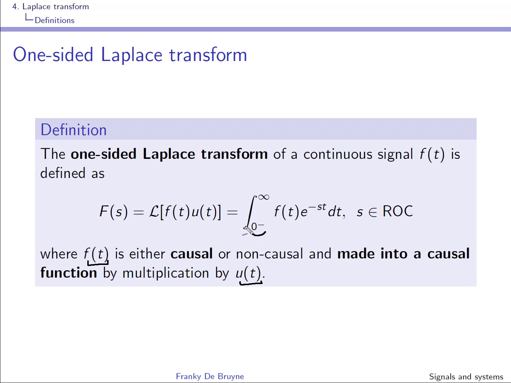We'll see in the next slide that this means that you have to be a little bit on the left of 0. Okay, and this is for one particular function, and to compute its Laplace transform, it's the delta, the Dirac delta. So we obtain the one-sided Laplace transform by simply integrating from 0 to infinity, and when f of t is the Dirac impulse, we'll have to put a 0 minus over here.